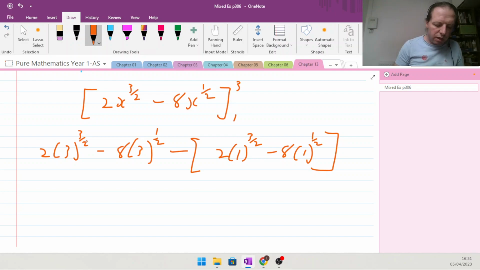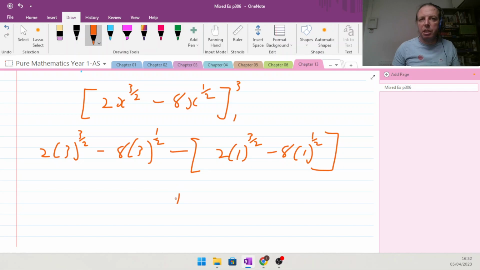Let's leave it like that for the moment and see what happens as we take it out, because ultimately we're trying to get it in that surds form. 3 eights are 24. Square root of 3, yes, nothing's coming out on here. This one is just 2. This one is just 8. So 2 minus 8 is minus 6. Minus 6 is plus 6.